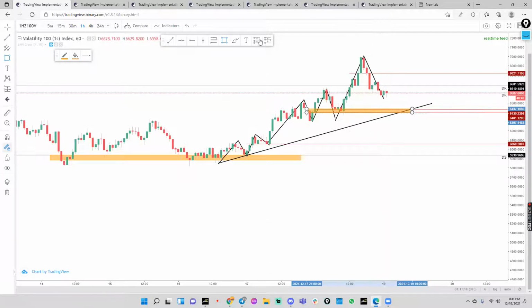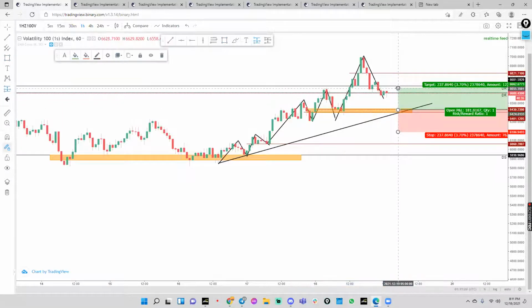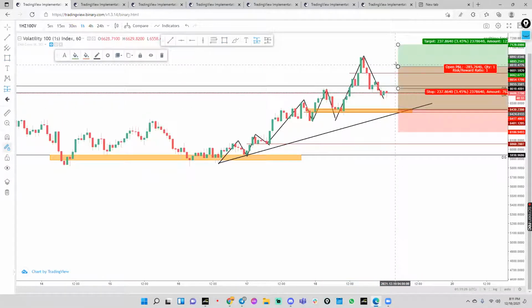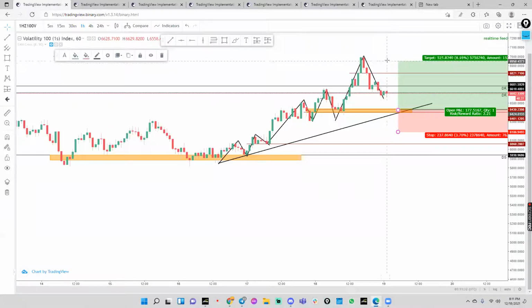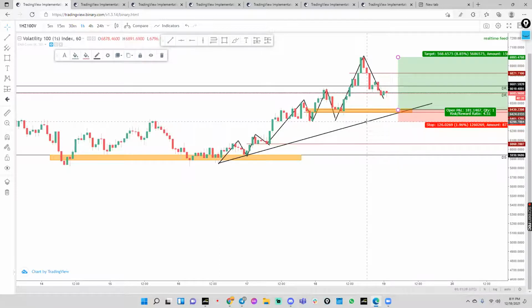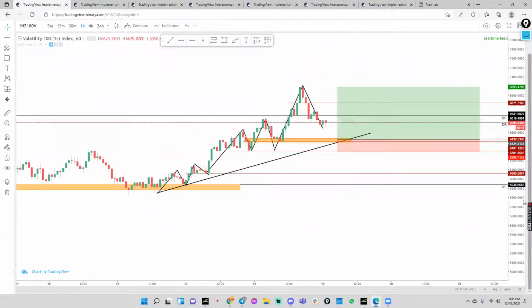So take, for example, if this pulls all the way back to here and we form support at this H4 level, then it would be safe for buys because, for one, your overall target, let me take off this, would be at the top of the range here, which would be about 57 pips. And your stop loss would be, say, about here below these candles to the left at about 12 pips.